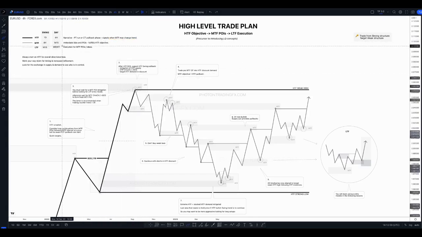So again, what we're going to be doing with our medium time frame is following that for our immediate bias and with our POIs, okay? And the way you want to think about the medium time frame is it's the soldier for the higher time frame, right? The medium time frame's job is to fulfill the higher time frame objective, okay?